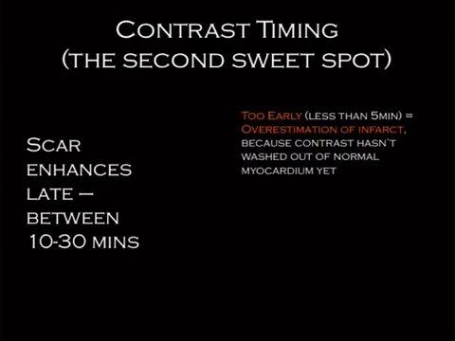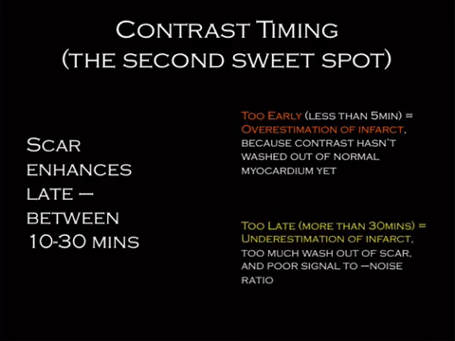So what happens if you image too early? If you image too early, you will not have washed all of your contrast out of the normal muscle, and therefore you may overestimate how large the scar is. In other words, because bright is dead, anything that you see that's bright, you're going to say that that's scar, but it may just be because the contrast hasn't had time to wash out of the muscle that's still alive.